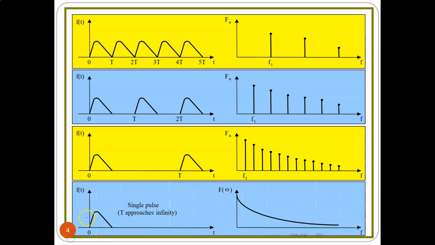And finally, when the duration of the signal approaches infinity, for example the single pulse, the frequency spectrum for this time domain signal will become so close together that it will form a line like this. So basically for the harmonic signals, the Fourier transform will be something like this, and as the duration approaches infinity, the frequency spectrum of this signal will become like this.